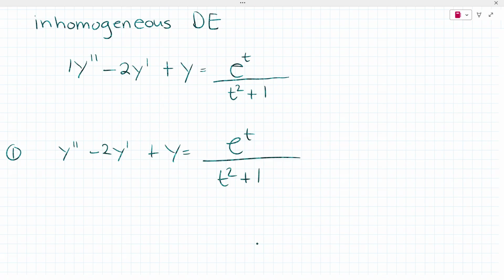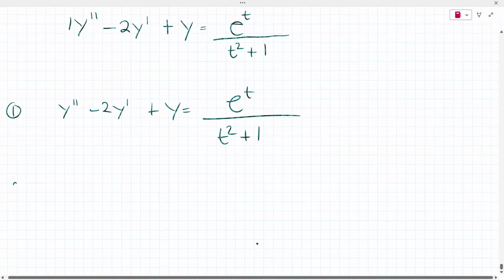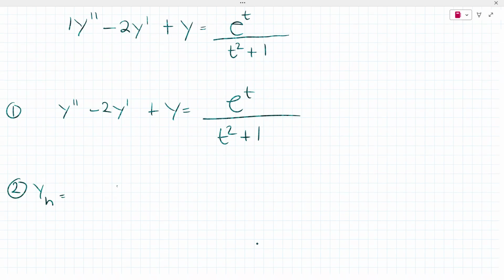Okay. Step 2, find your yh. So that's going to be r^2 minus 2r plus 1 equals 0. And then if you factor this out, this is going to be r, where two numbers multiply to 1 and add to negative 2: negative 1, negative 1.